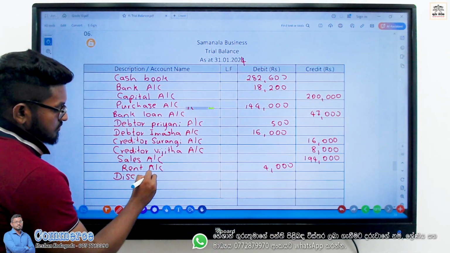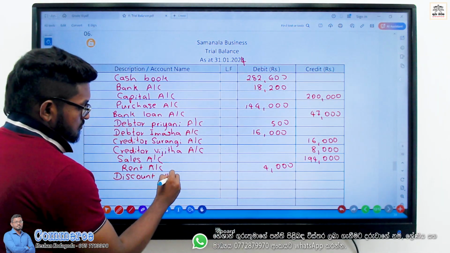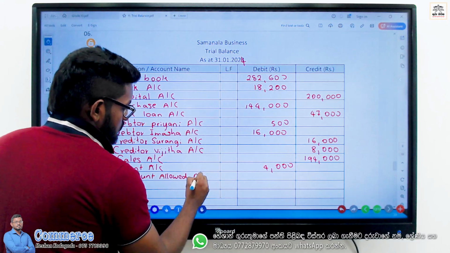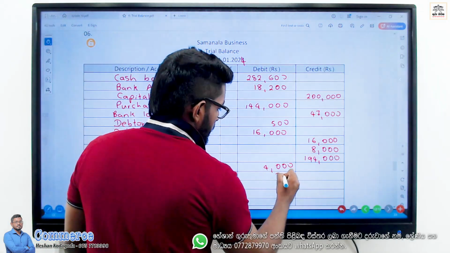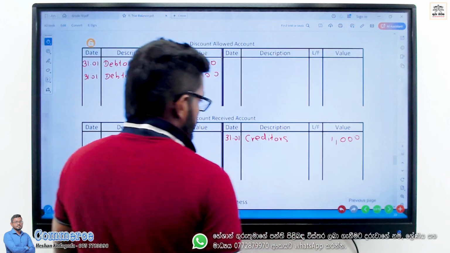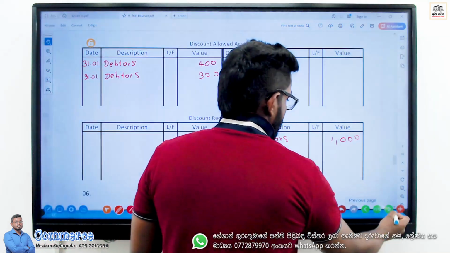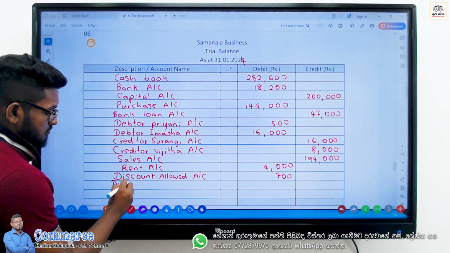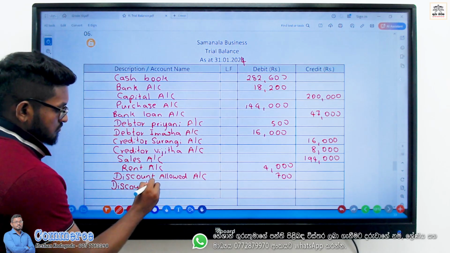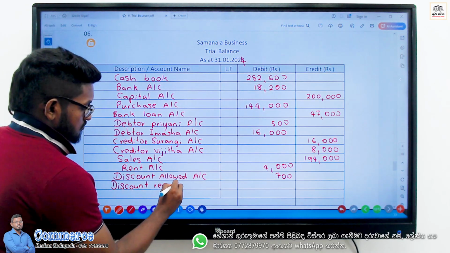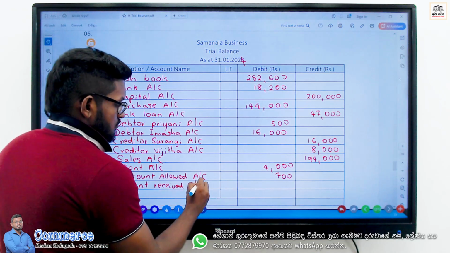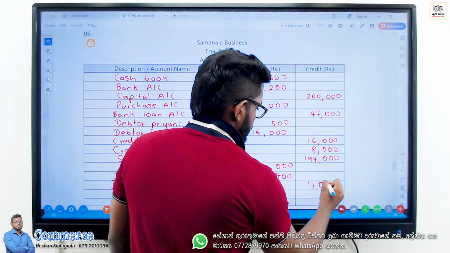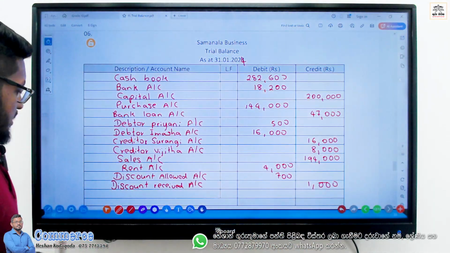Discount allowed 700. Then when it comes discount received, it's 1,000. Credit side.